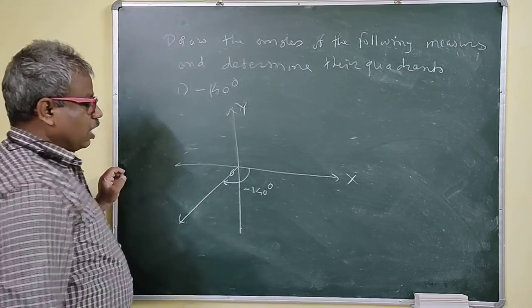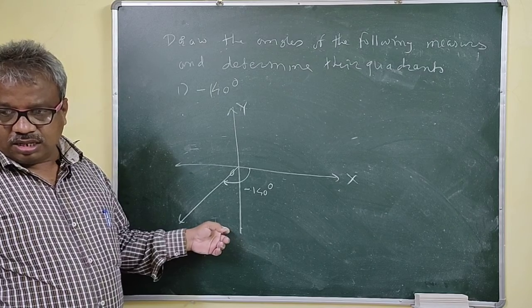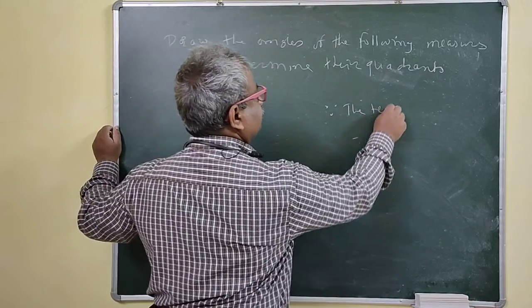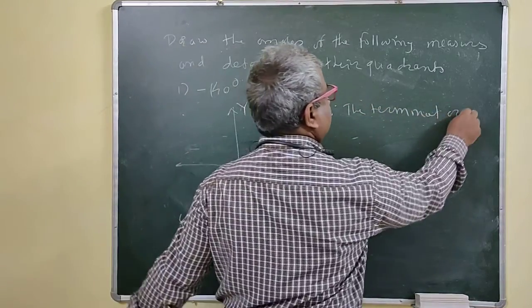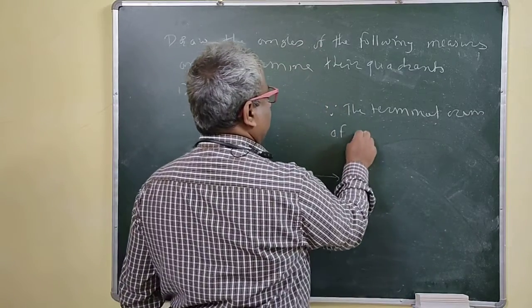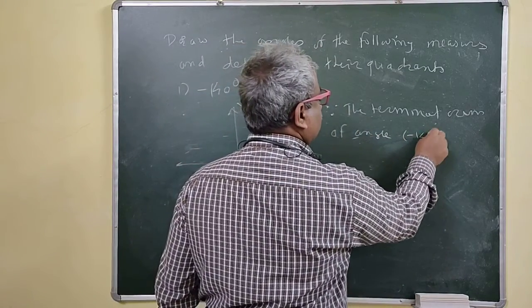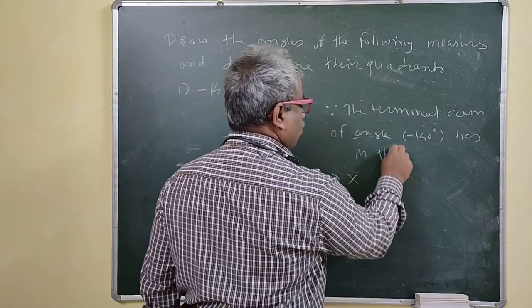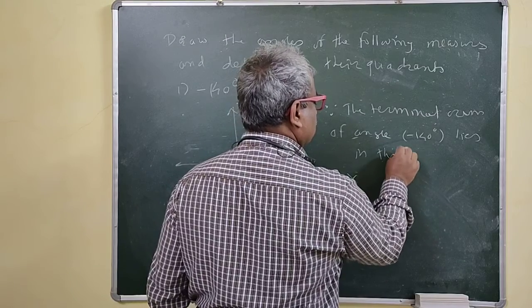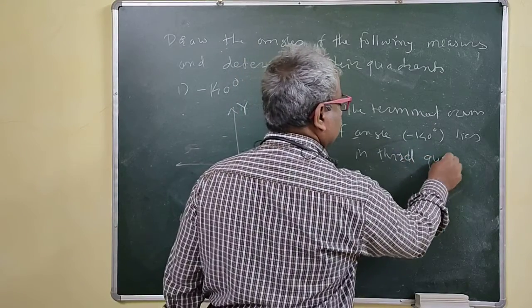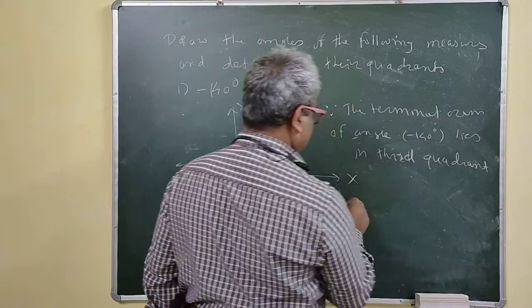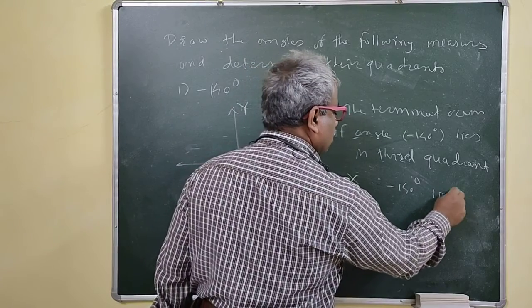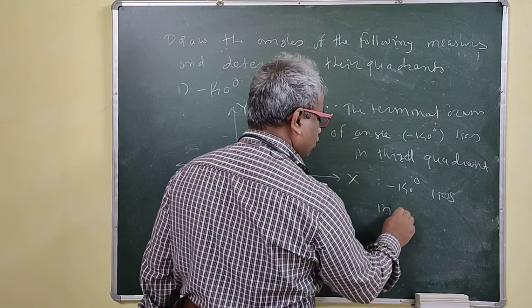So the terminal arm lies in the third quadrant, right? Therefore minus 140 degree lies in third quadrant.